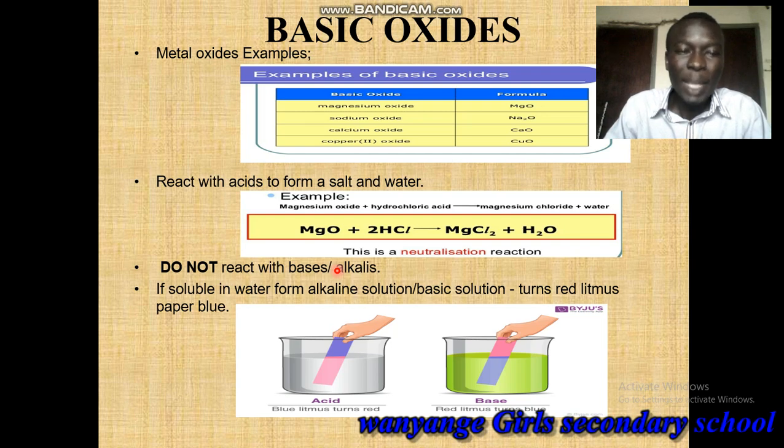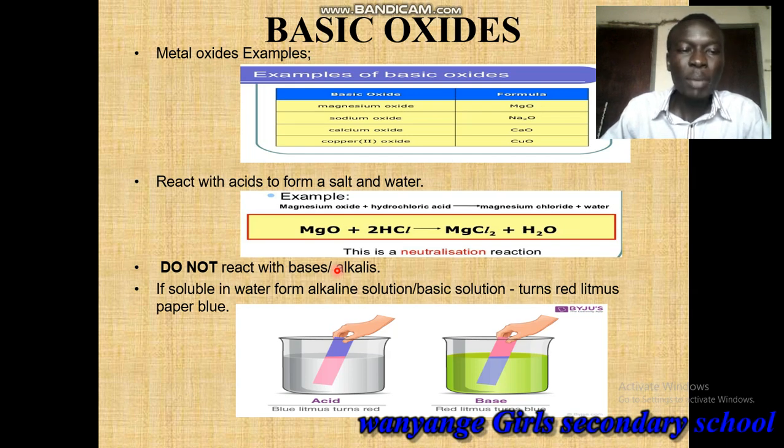Therefore, basic oxides are not supposed to react with bases. They are of the same category. Okay? So, when you see a base plus a basic oxide, the product is nothing. No reaction taking place because they are of the same category.